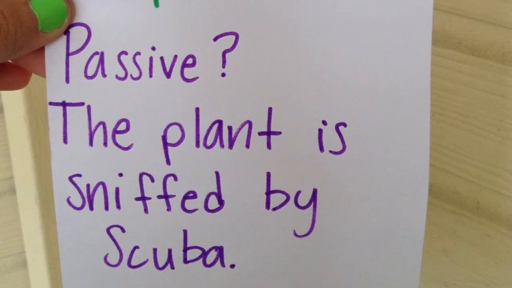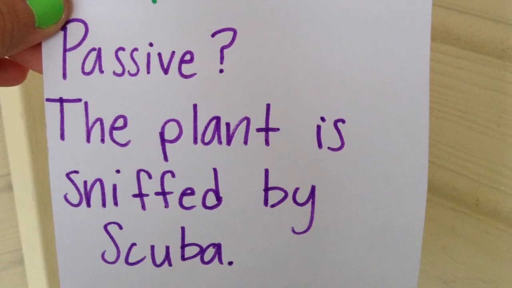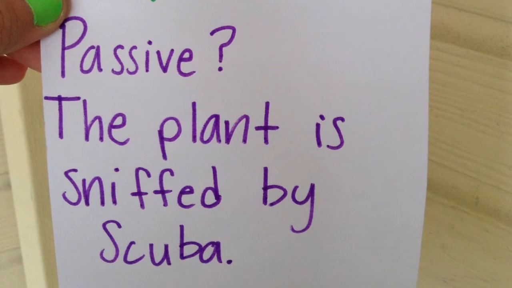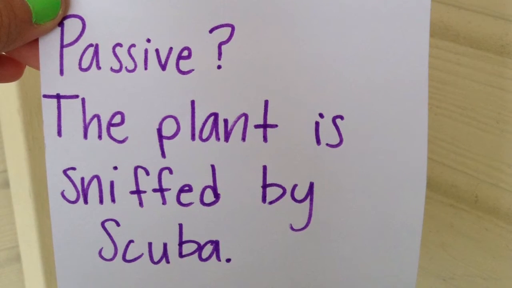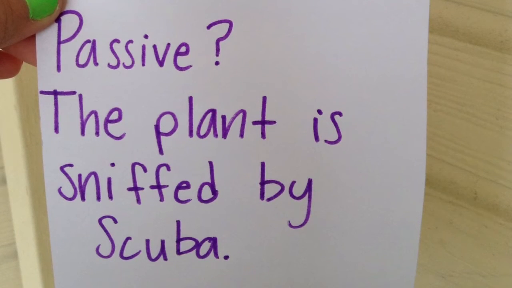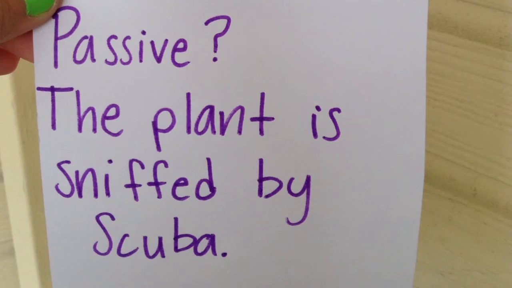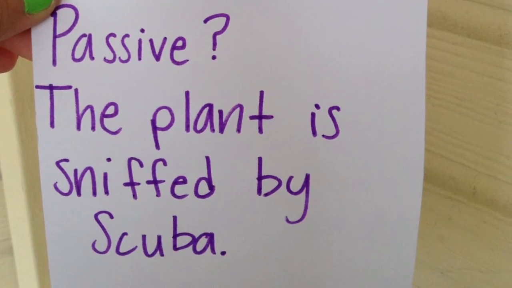When we look at the passive, the plant is sniffed by Scuba. We see the object moved up to the front, the plant, and is now followed by the subject, Scuba. We also see an indirect relationship between the object and the subject.